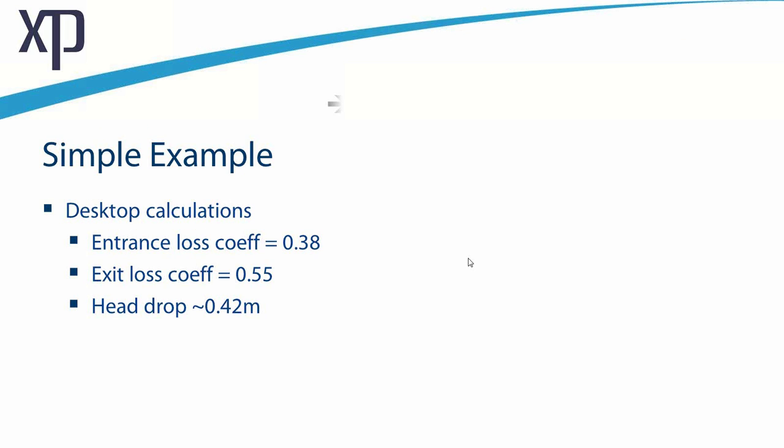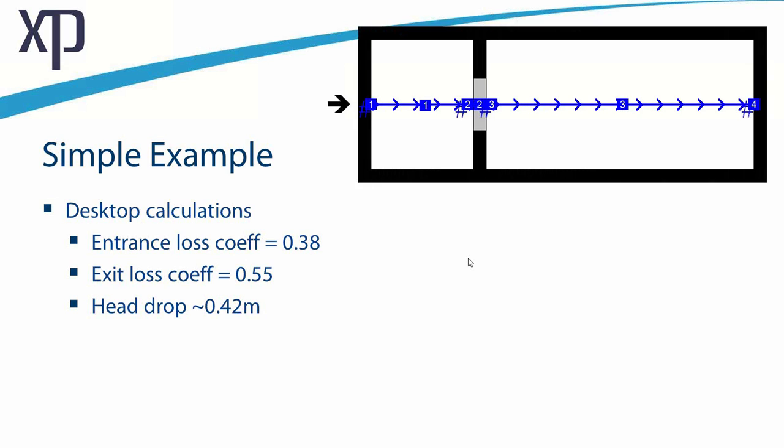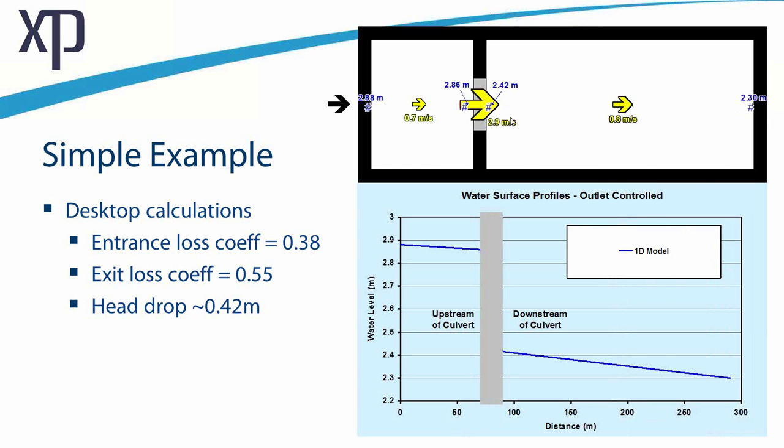Let's look at a simple example. Here we have a small culvert and a little 1D model pushing water through that culvert. The approach velocity is about 0.7 meters per second. The velocity through the structure is 2.9 meters per second, and the departure velocity is 0.8.